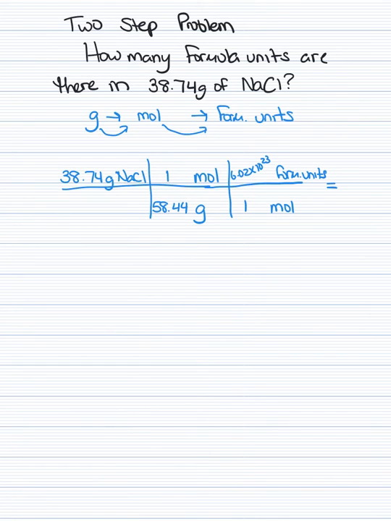At this point here, grams would be canceled, moles would be canceled, and you would be left with formula units, which is what it is asking for in the problem. And when you do this, your final answer should be 3.991 times 10 to the 23rd formula units of NaCl.